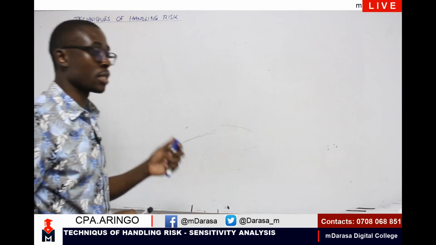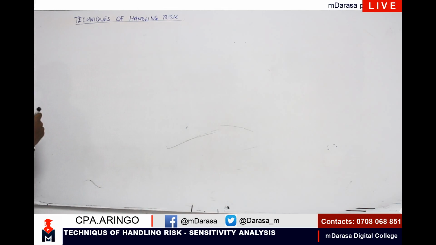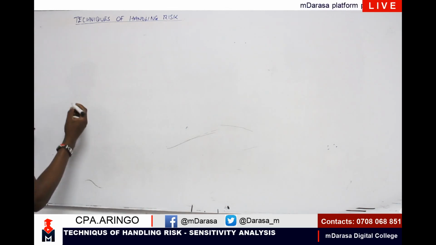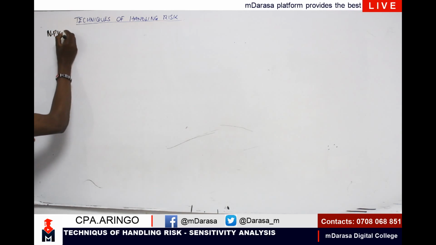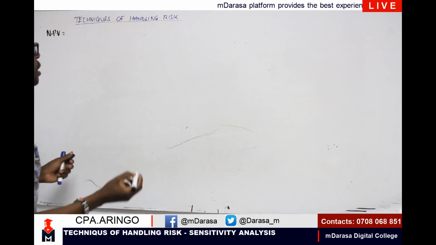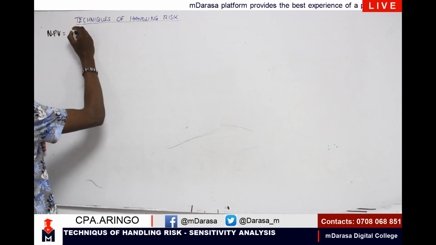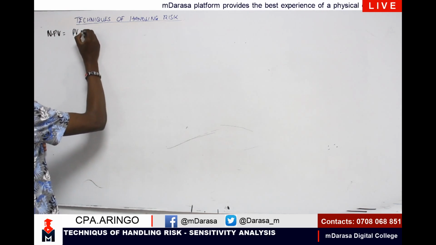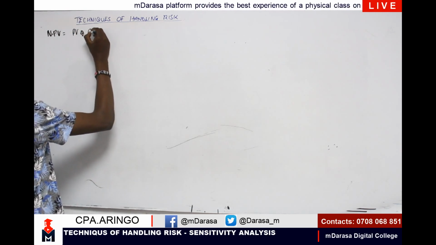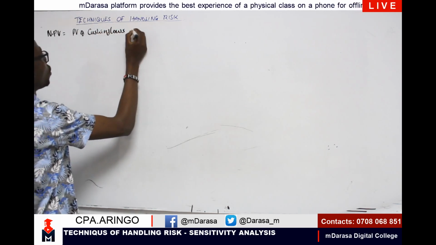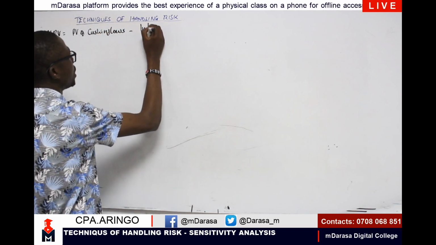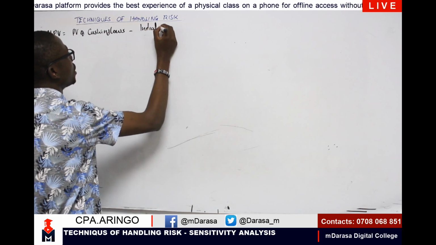Now, just to remind you, at any given point when we are required to determine our net present value, the same procedure tends to apply: the present value of cash inflows minus the initial outlay.